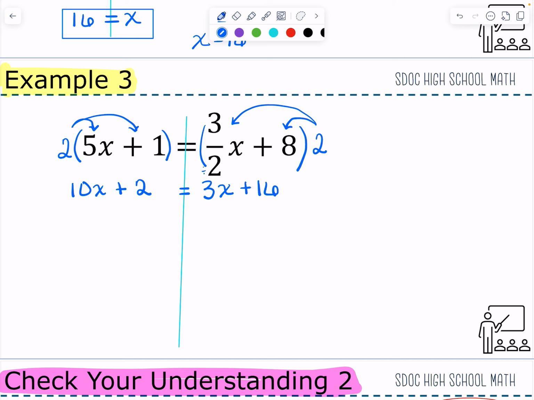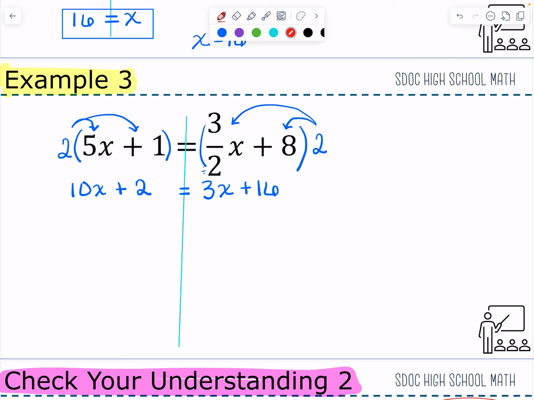All right, now we've got to get x by itself. But there are x's on the left side of the equation, and there are x's on the right side of the equation. So we've got to get all of our x's together first. Always move the x's first. And my suggestion is always move the smallest x. So I have 10x and 3x. The smallest one is 3x.